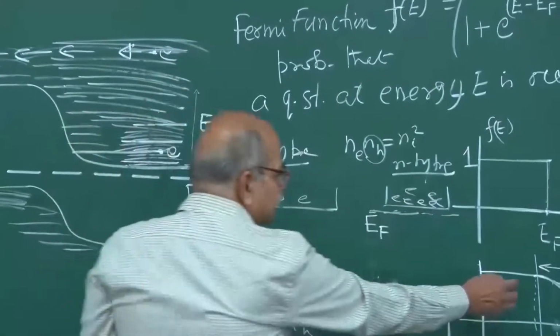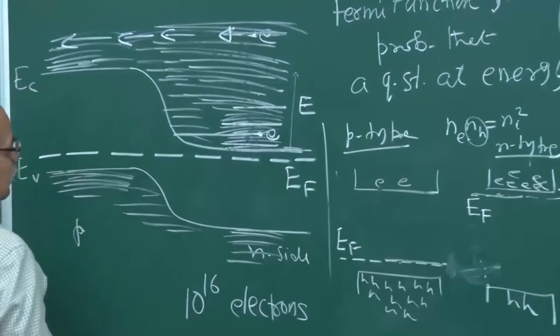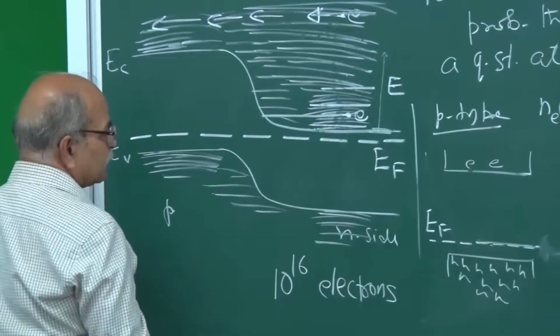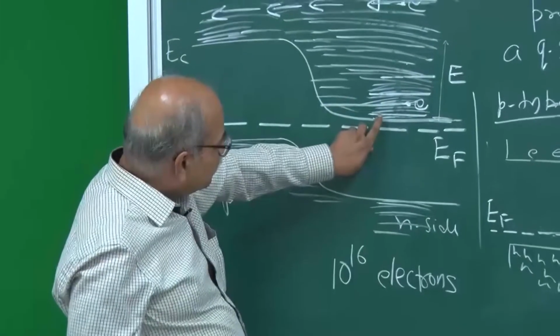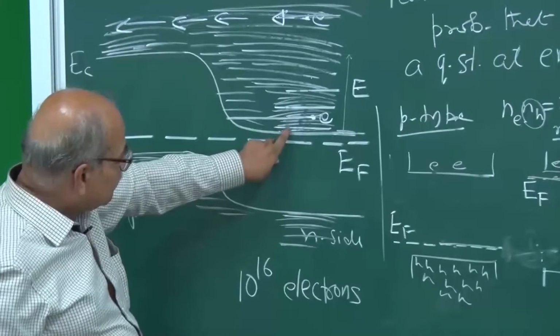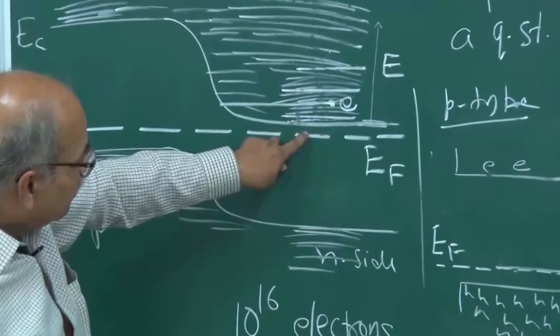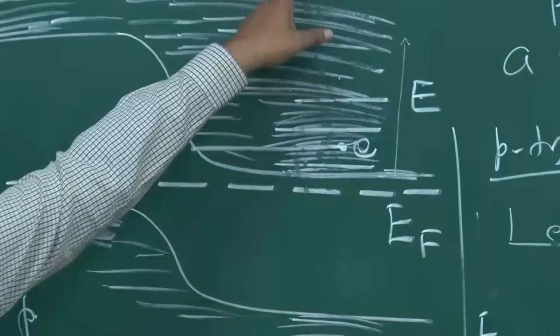As this function shows, if this is EF, then the occupation of these states will be large. As you go farther away from EF, the probability decreases.